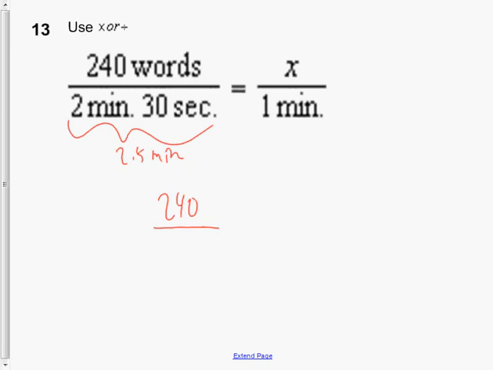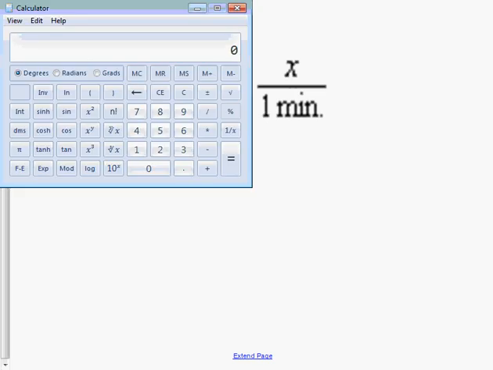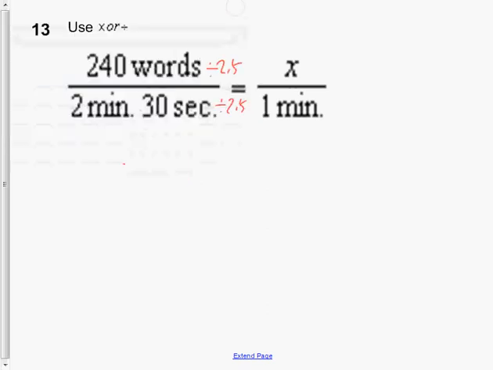So in order to get that unit rate, we just had to divide it by 2.5 and take our words, 240 words, divided by 2.5, and therefore we'd figure out it's 96 words per minute. 96 words per minute. And all we had to do was figure out that this was really 2.5 minutes.